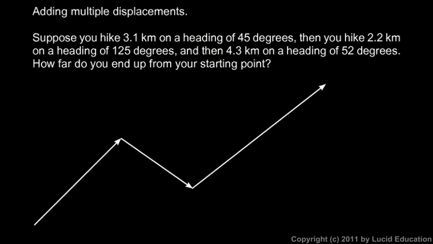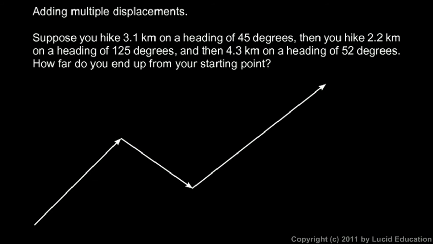Then you hike 2.2 kilometers on a heading of 125 degrees. So from this point, you hike in this direction, and that's a heading of 125. If you were to draw a little north, south, east, west right here, 125 degrees would be that far around, so that direction.